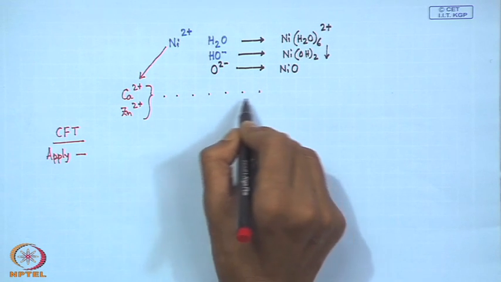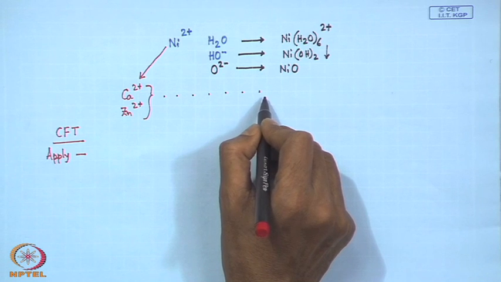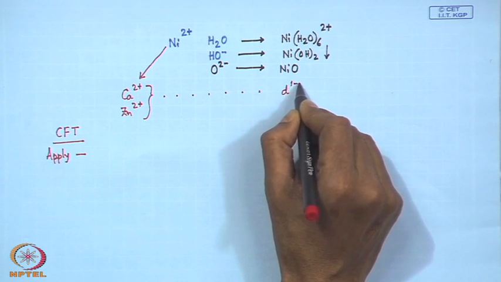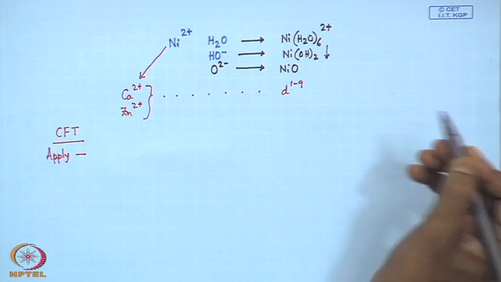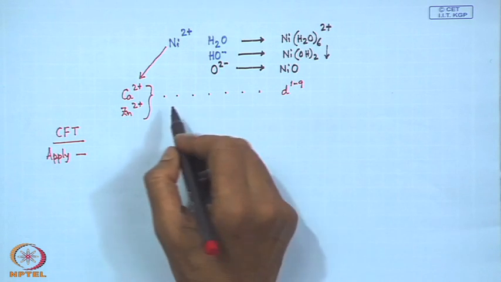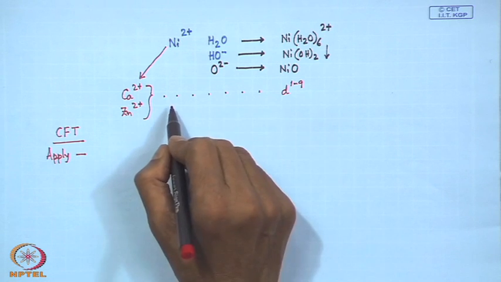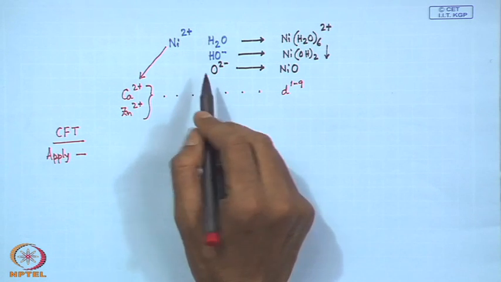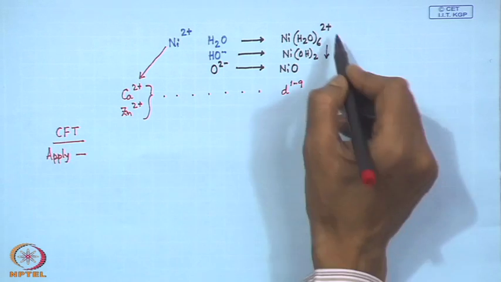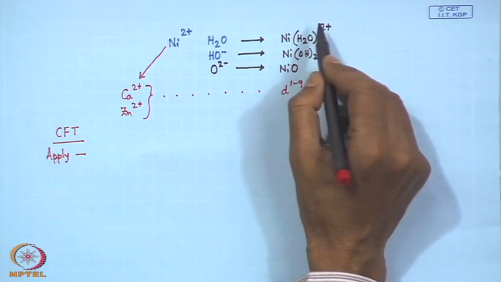So, when we start filling up all these metal ions with some d electron configuration from d1 to d9, when it is d10 we get the zinc 2 ion. So, due to the presence of these d electrons in the system, we look at their interaction in terms of the corresponding crystal field which forms around these species.